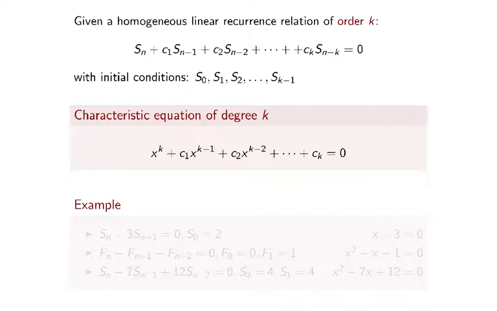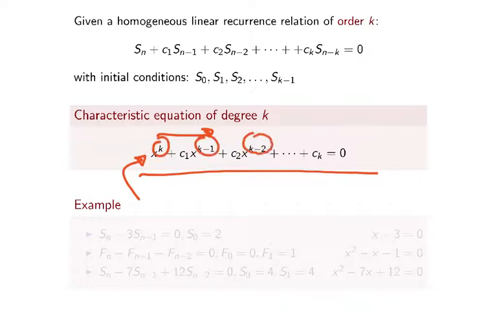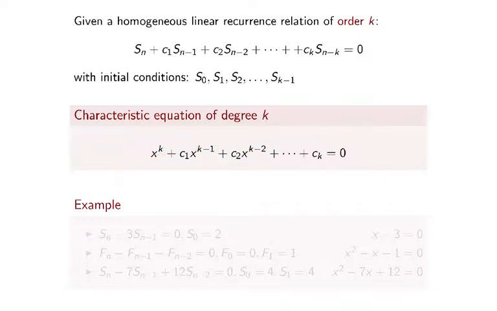It's a polynomial of degree k that starts with leading coefficient equal to 1, and after that we go in decreasing order of degrees, k, k minus 1, k minus 2, until degree 0, and the coefficients are the coefficients of the recurrence.